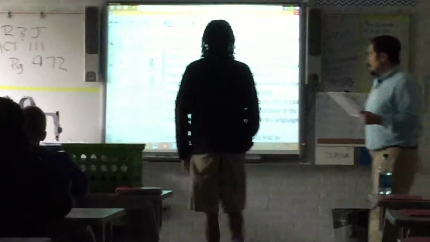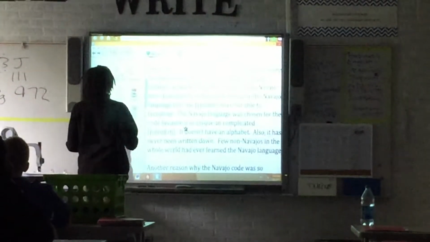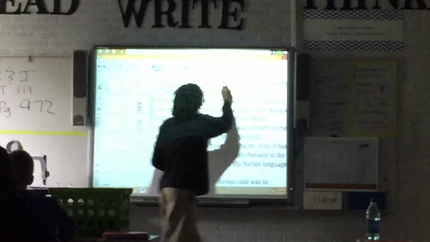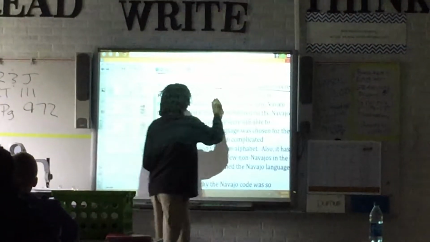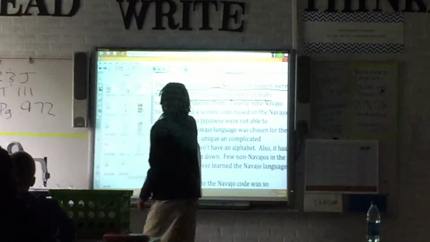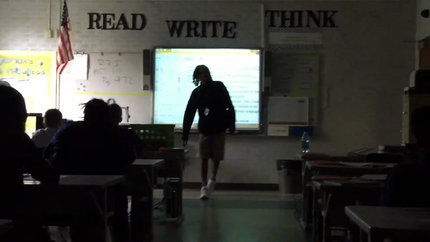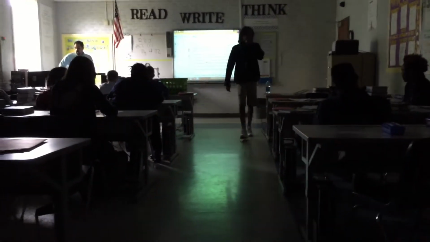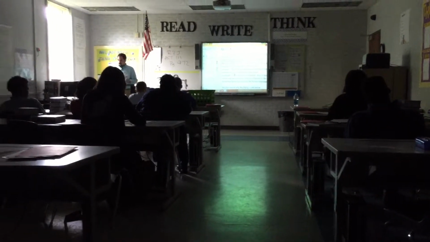Underline the topic sentence in the second paragraph. Okay, good job. You guys agree with that? The main reason that the Navajo code talkers were so important was because of the safety of many soldiers.